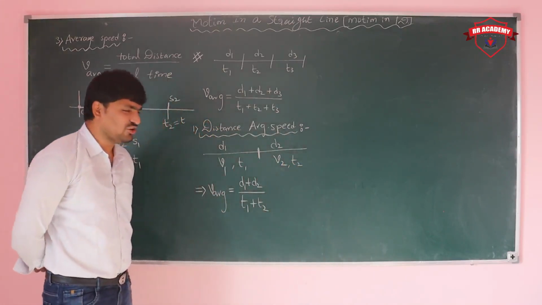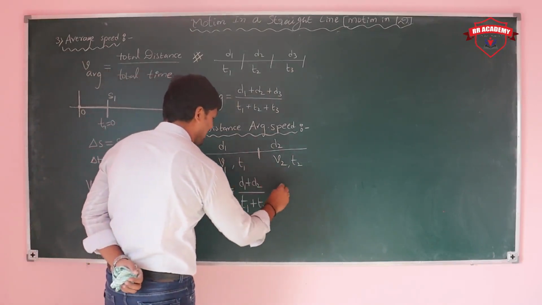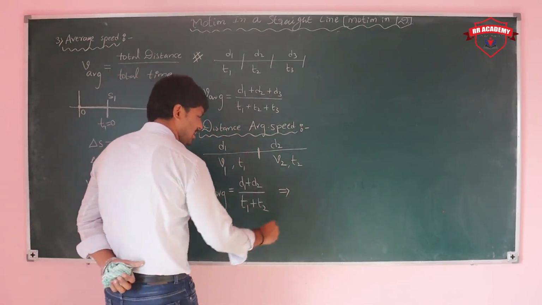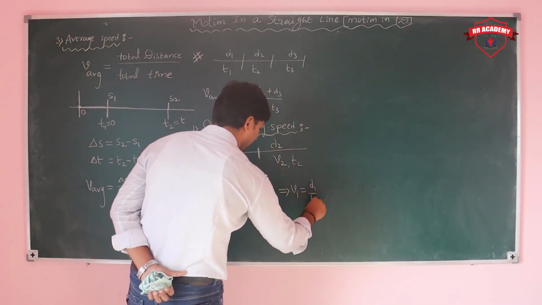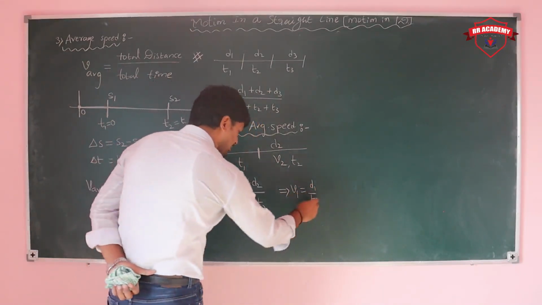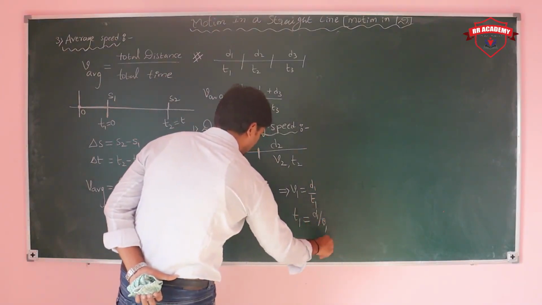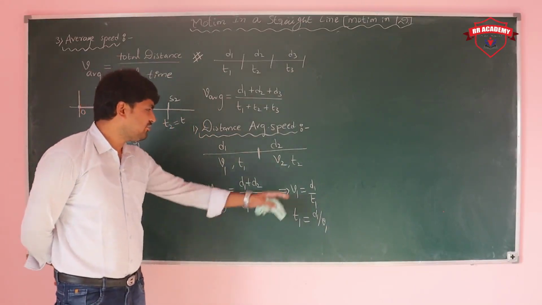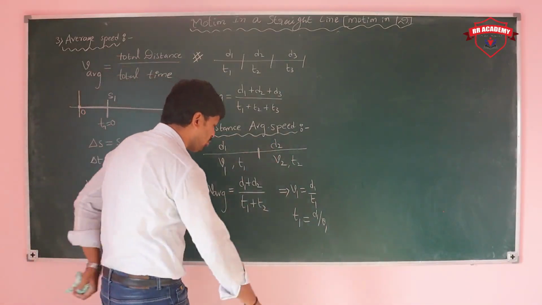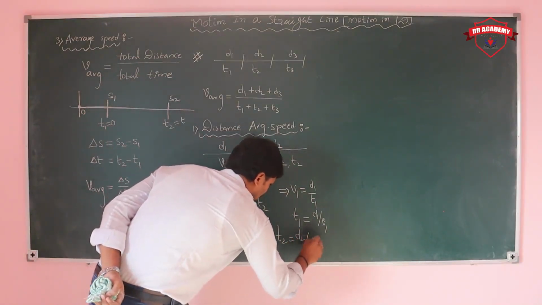Can you write the values of t1 and t2? For that, v1 is equal to d1 upon t1, so t1 is equal to d1 upon v1. Similarly, t2 is equal to d2 upon v2.